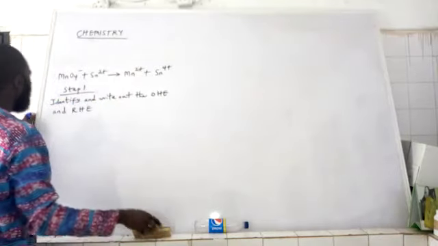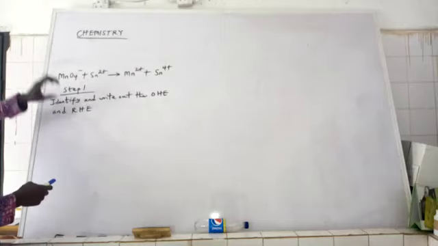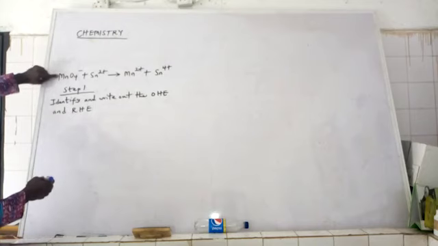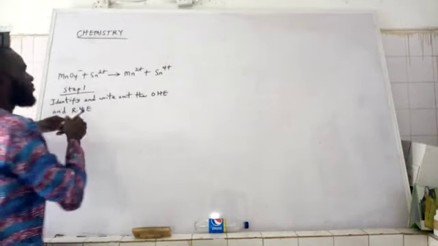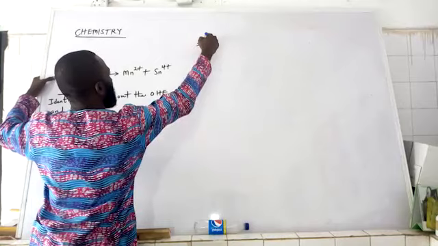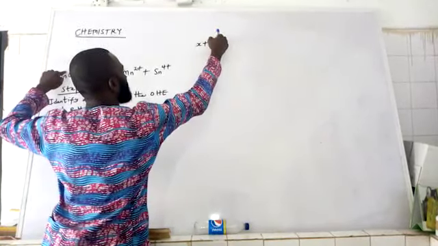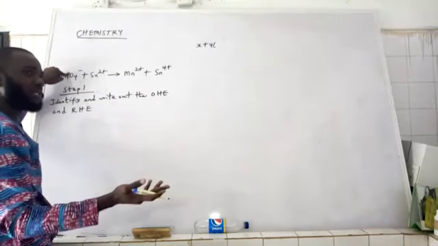Now, I need to know the oxidation number of each of the atoms here for me to know which one is oxidized, which one is reduced. Okay? To get the oxidation number of manganese in this compound, what I have to do is write out, let's say I'm representing my manganese with x, and then I'll add it to, I have 4 atoms of oxygen, that will be 4 into, the oxidation number of oxygen is always -2, except in peroxides, okay?